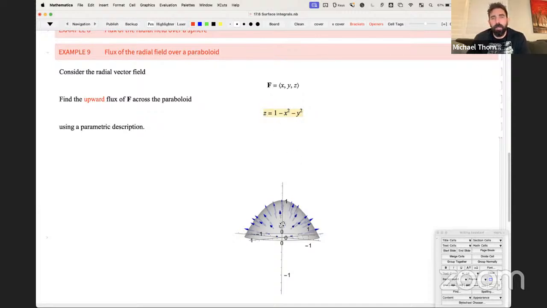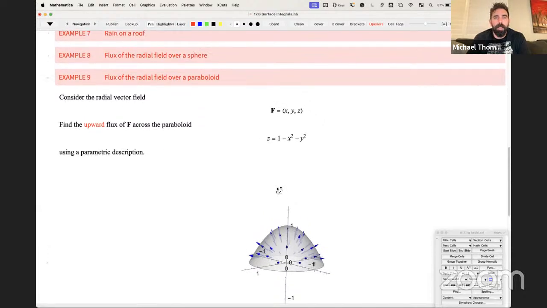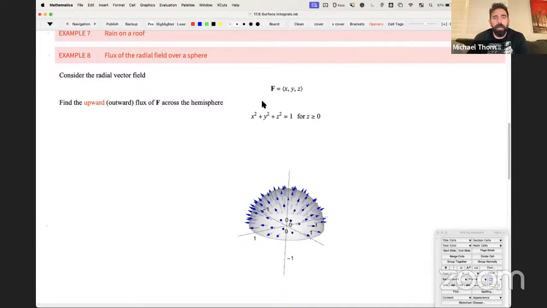First of all, here's what the picture looks like. Hopefully you can see that's an upside down paraboloid shifted up 1 unit. One thing you might want to take note of, if you look in the floor here, what you have is a disk of radius 1, and you can see the paraboloid goes all the way up to 1. So it's kind of similar to what we had here.